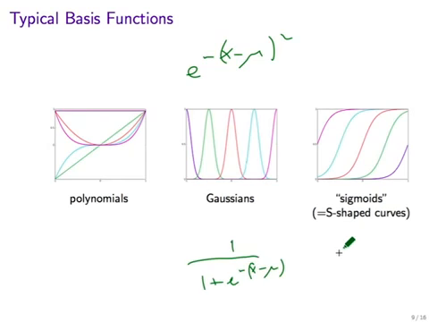Or also by this one. Note that the mu's differ for each of the basis functions that are depicted in these figures. So the mu is actually a parameter of the basis function that must be determined beforehand.